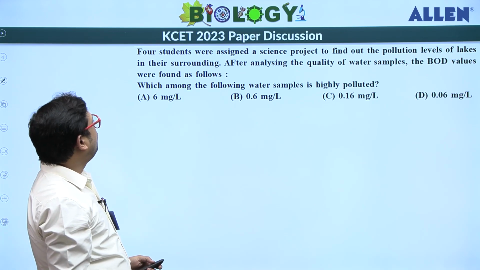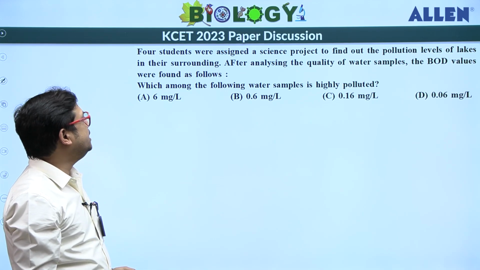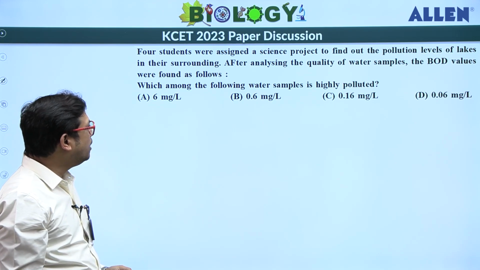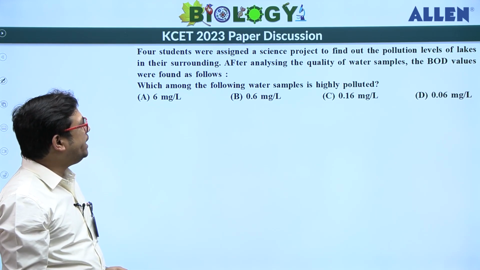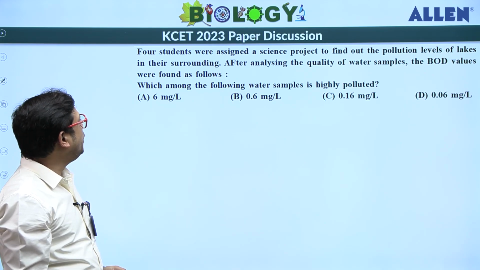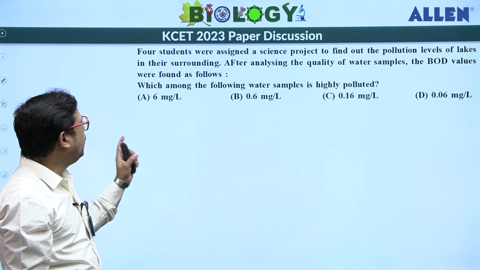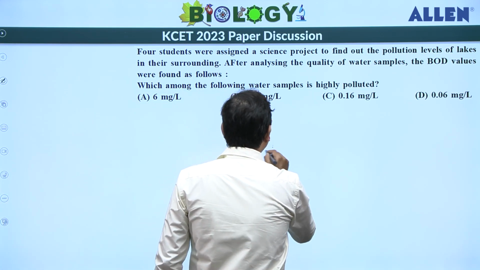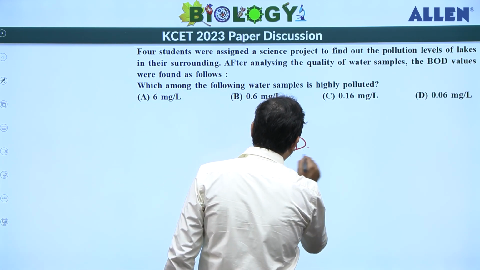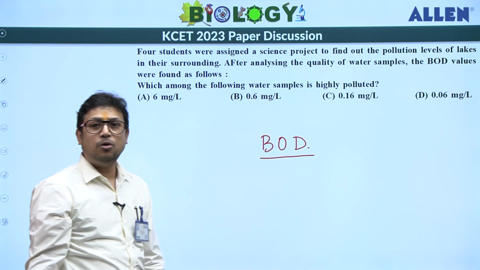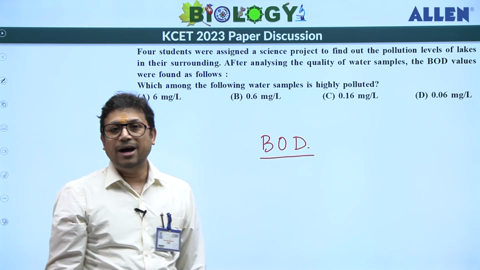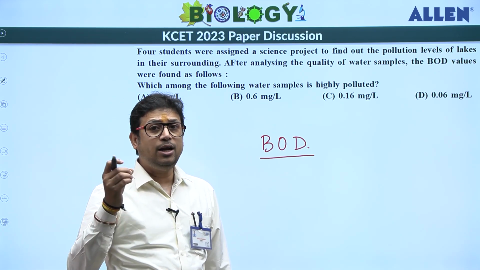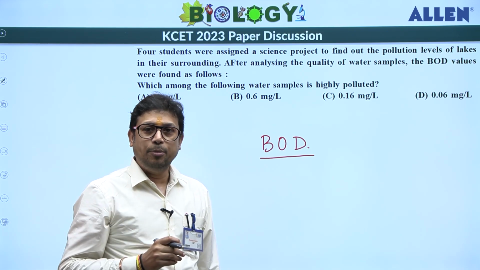Now next, 4 students were assigned a science project to find out the pollution level of the lake in their surrounding. After analyzing the quality of water samples, the BOD values were found as follows. Which among the following water samples is highly polluted? We know what BOD is. BOD is the biological oxygen demand. It is the amount of oxygen required by the microorganisms to degrade the organic pollutant present in 1 liter of sample.